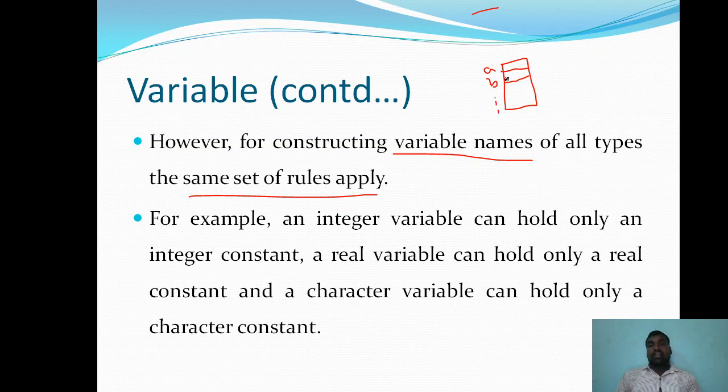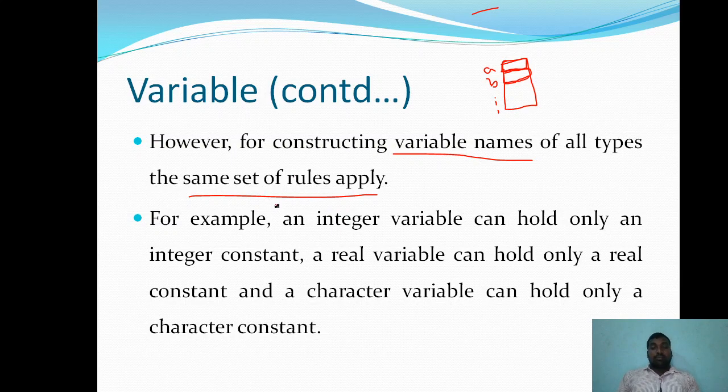A and B are the names of these memory locations. The name of this particular location is A, and the name of this particular location is B. In them, we store different types of constant values based on the type of the variables. If it is an integer variable, then it can store only integer values.